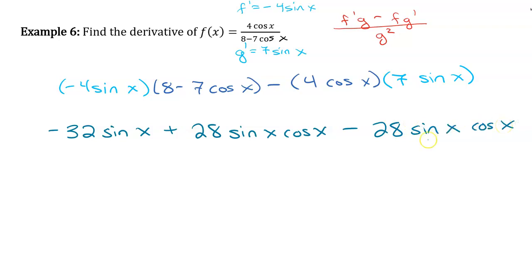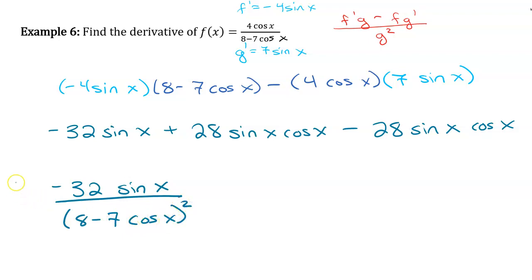Okay, there we go. So those two will cancel. So we'll just be left with negative 32 sine x over g squared, so that would be 8 minus 7 cosine x squared for our full derivative. And that looks terrible, so I don't think we can simplify it any further.